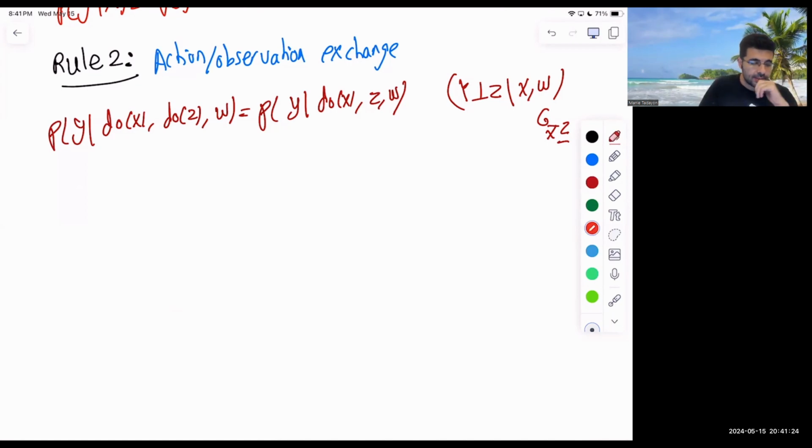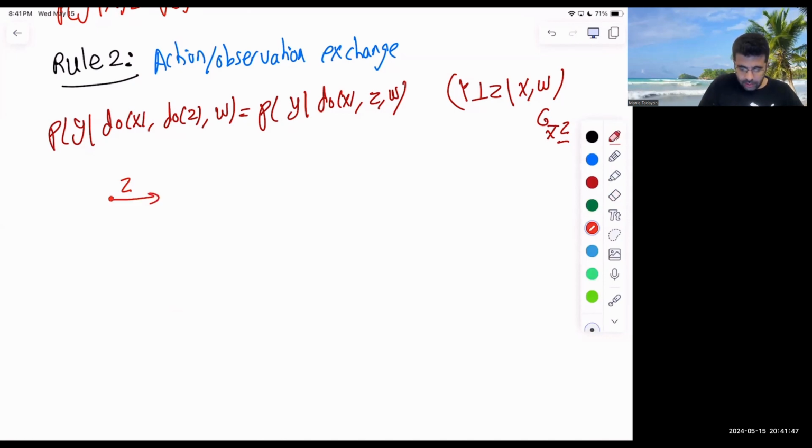Now, how do I think about this? Let me see if I can come up with a graph here. If I have a z here, and if I have this one here. These rules apply to anything, to be honest.